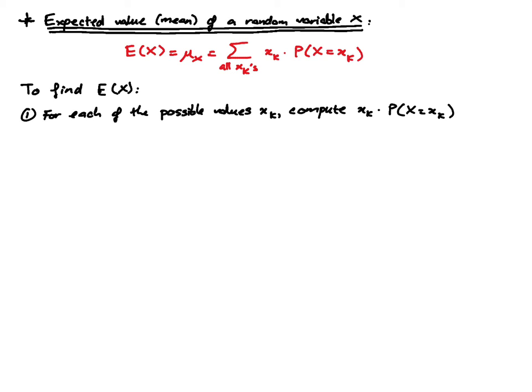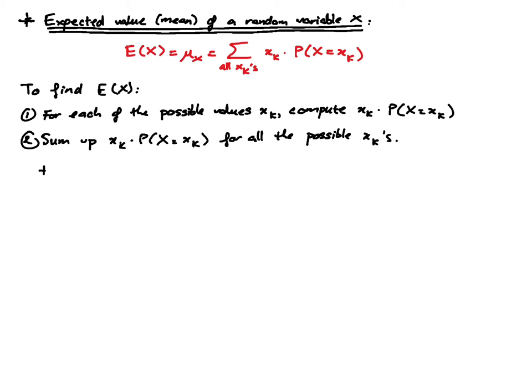So that's step number one. Then what we want to do is sum up x_k times the probability that X is equal to x sub k for all the possible x_k's.